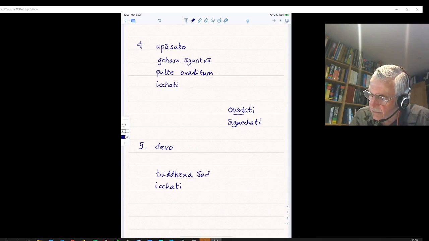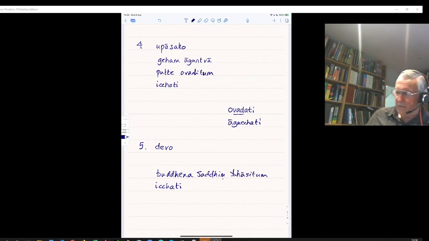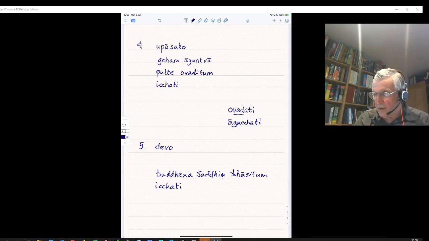Buddhena saddhim bhasitum. So the deity wishes to speak with the Buddha. Devo buddhena saddhim bhasitum ichati. Now the deity wishes to go to the monastery and speak with the Buddha. Devo vihara is the monastery.